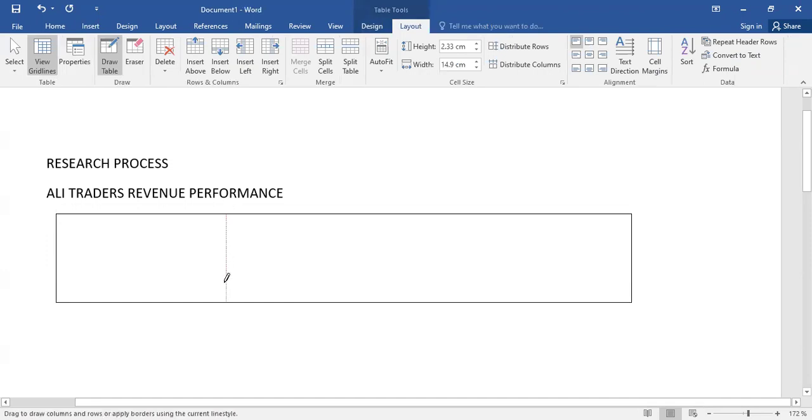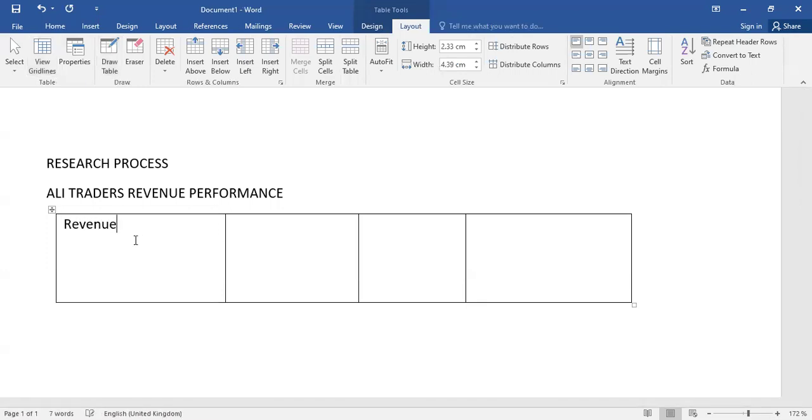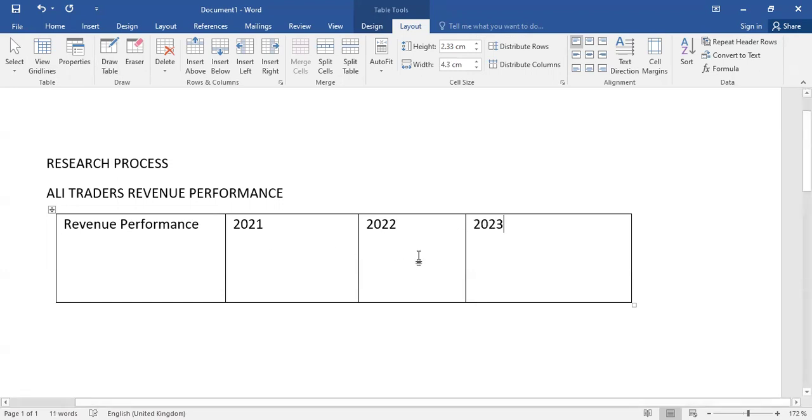We have the column for revenue performance, and we want to use 2021, 2022, and 2023. We have 2021, 2022, and 2023.